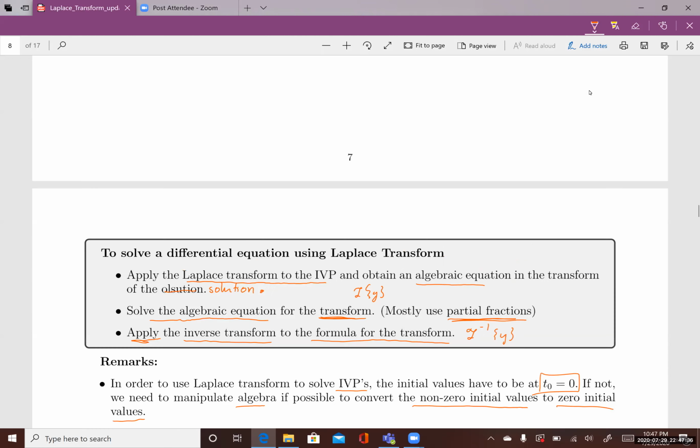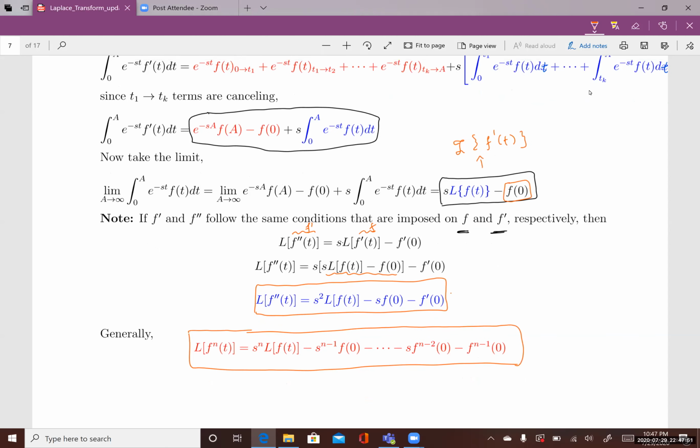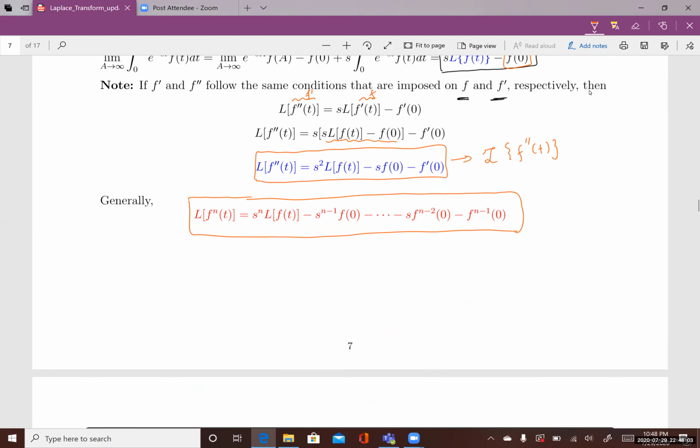Because if you pay attention to the form, this is the Laplace transform of the first derivative, and you have to use f of 0. And this is the Laplace transform of the second derivative, and again, you have to use f of 0 and f prime of 0. So all the initial values have to be at 0.